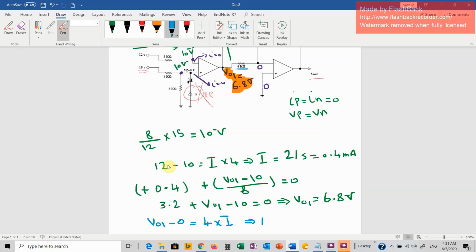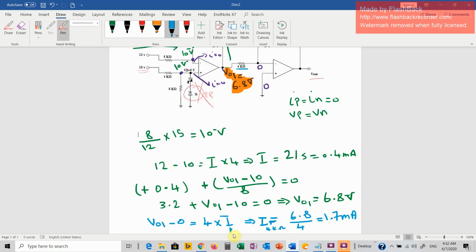So that means I for the 4 kilo ohm is going to be 6.8 by 4, and it's equal to 1.7 milliamps.